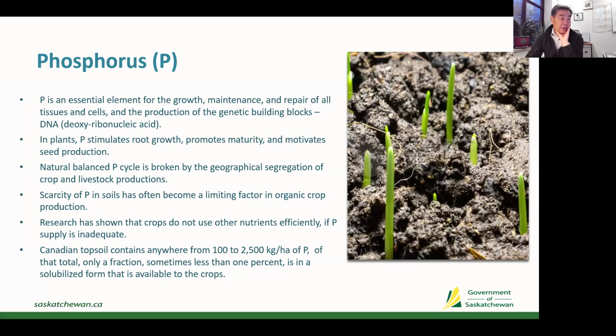However, the separation of livestock and grain production basically broke this balanced cycle. And now the scarcity of P in soil has often become a limiting factor, particularly in organic production systems.